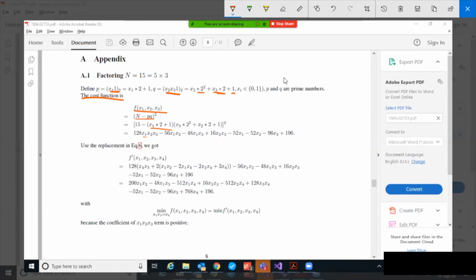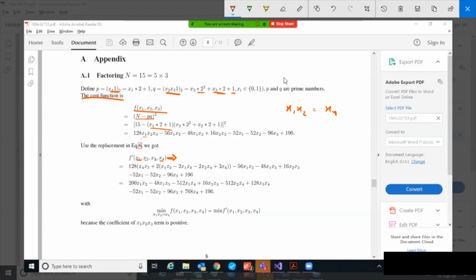Once you get this polynomial, we want to keep it quadratic, and we do one substitution where we make x1 x2 equal to x4. Once we do that, we come up with another function in variables x1, x2, x3, and x4, where x4 is x1 multiplied by x2.